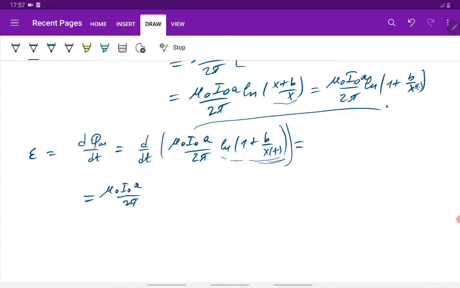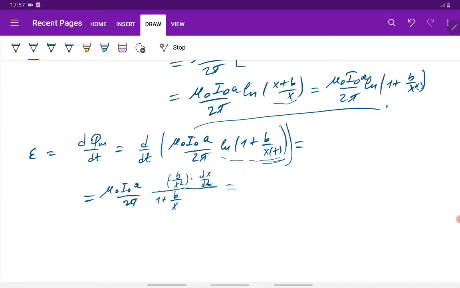So it's the chain rule: 1 over the argument, which is 1 plus b over x, multiplied by the derivative of the argument with respect to t. The derivative of 1 over x is minus 1 over x squared, so here I will write b over x squared. We're just finding the magnitude, so we don't have to worry about the signs, multiplied by dx over dt.